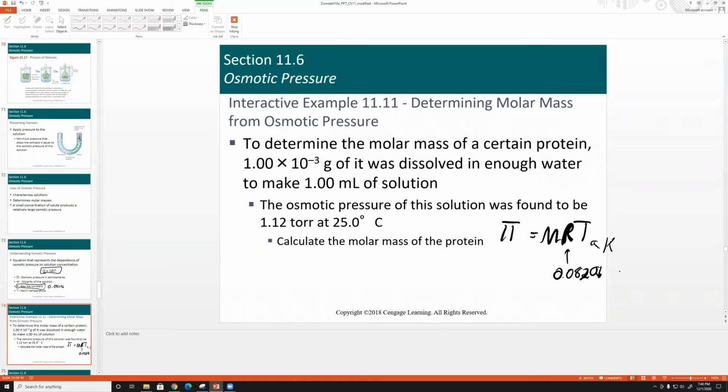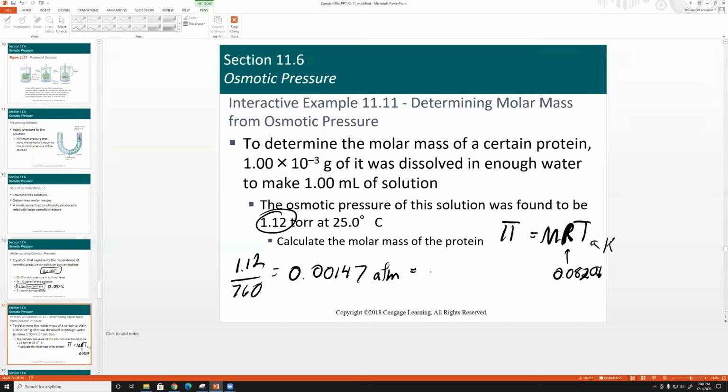Liter atm per Kelvin mole. So that means torr has to be converted. So 1.12 divided by 760 would be our pressure. In the previous ones, we didn't have to do that, but now we do, because we're using the ideal gas constant. So 1.12 divided by 760 is 0.00147 atm.